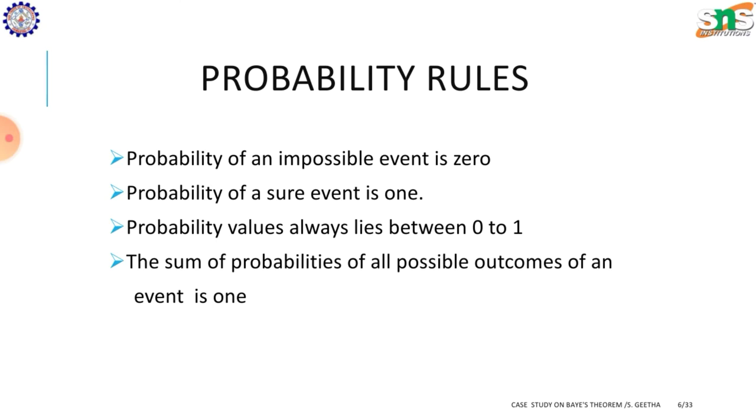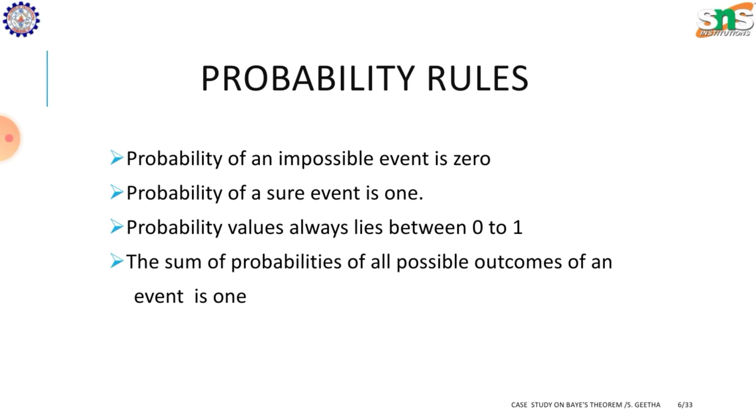The probability of an impossible event is 0. For example, we can live without water. It is an impossible event. In this case, the probability of an impossible event is 0. The probability of a sure event is 1. For example, the sun rises in the east. We can't change this. So, the probability of a sure event is 1.